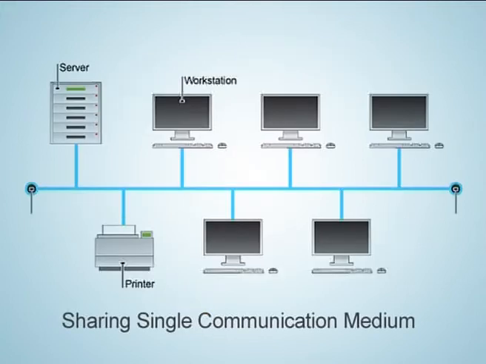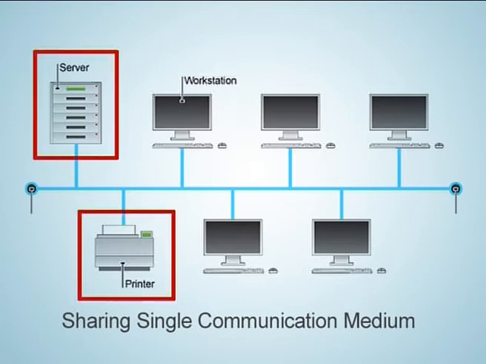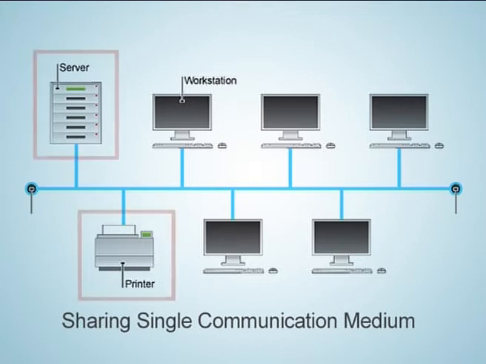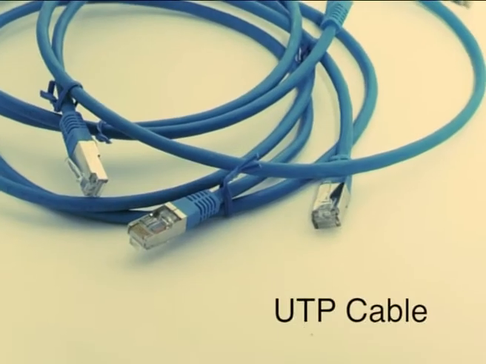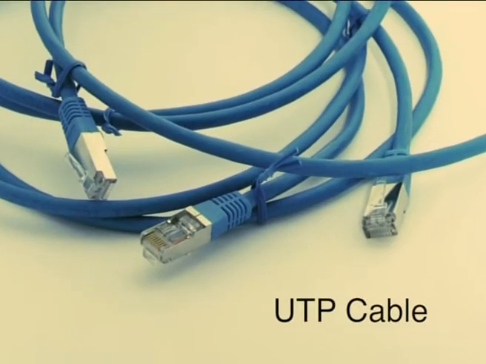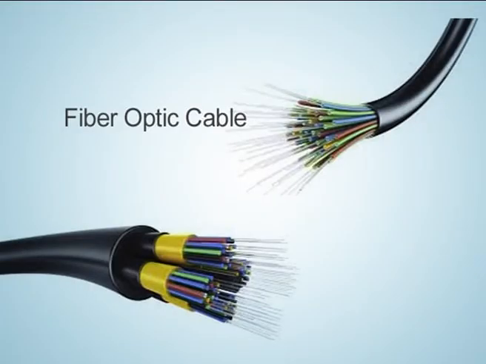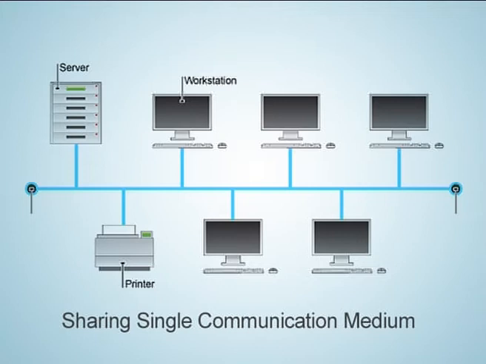In other words, local area networking is used as a tool to share resources. It means that all the devices attached to the LAN share a single communication cable like coaxial cable, UTP cable, or fiber optic cable that serves as the communication medium for all the computers.